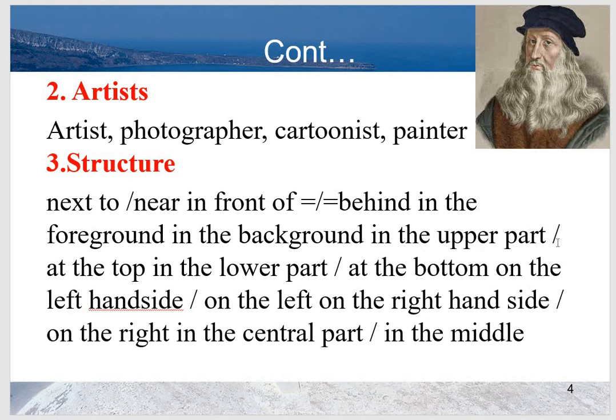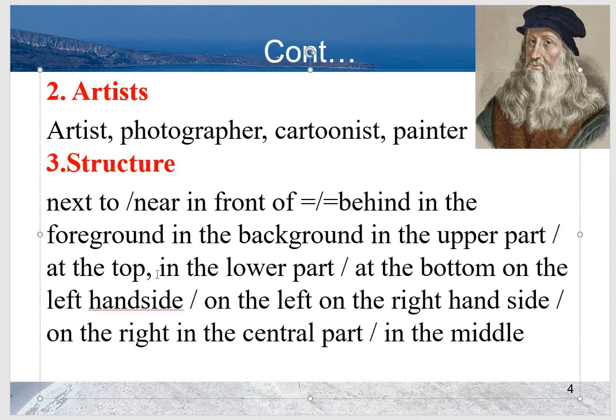Or in the upper part, at the top, in the lower part. In this way, you will describe the direction, which parts you are discussing. Suppose you are saying at the top of the picture the color was yellow, at the bottom of the picture the color was green. So if you don't know about the positioning, you cannot explain well.